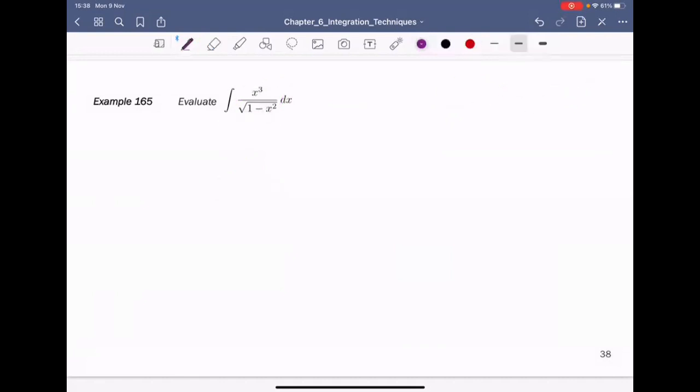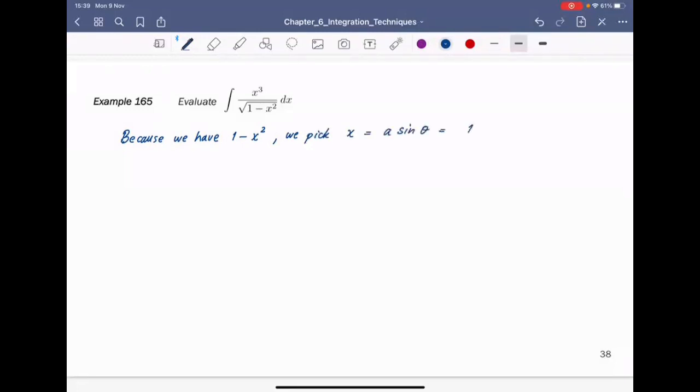All right, this is your first example on trigonometric substitution. I'm gonna go slowly. Because we have 1 minus x squared, we pick x equal to a times sine theta.